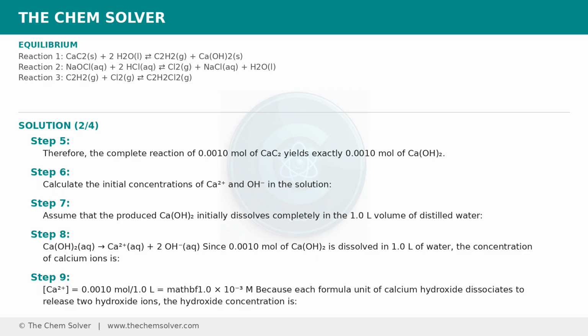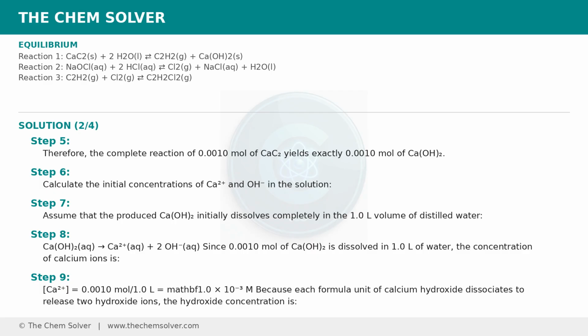Calculate the initial concentrations of Ca2+ and OH- in the solution. Assume that the produced Ca(OH)2 initially dissolves completely in the 1.0 liters volume of distilled water. Ca(OH)2 gives Ca2+ plus 2 OH-. Since 0.0010 moles of Ca(OH)2 is dissolved in 1.0 liters of water, the concentration of calcium ions, Ca2+, equals 0.0010 moles over 1.0 liters, which equals 1.0 times 10 to the power minus 3 molar.